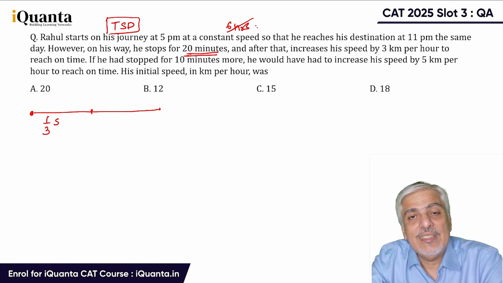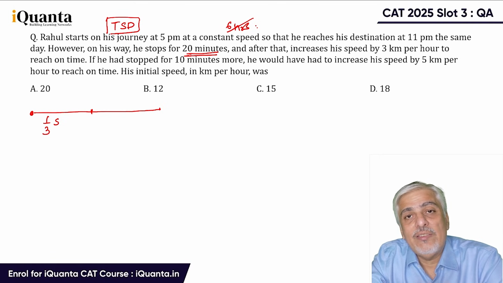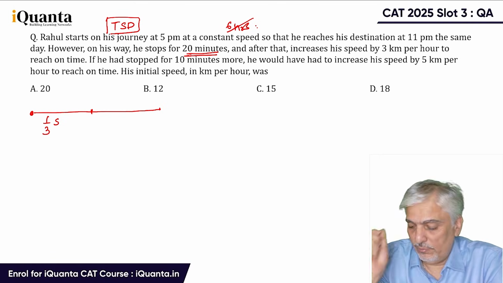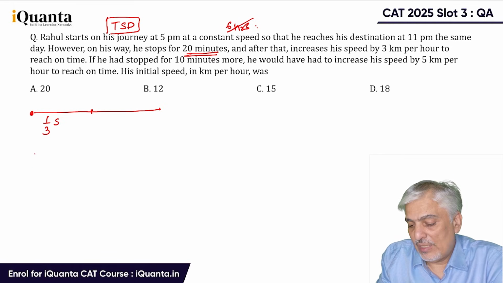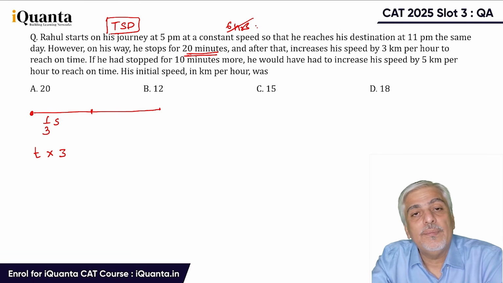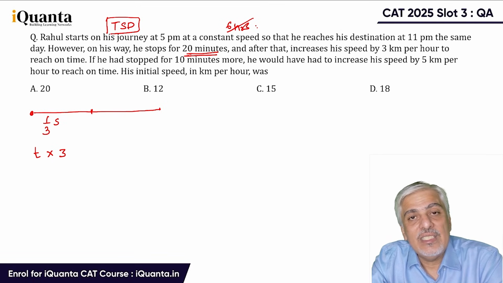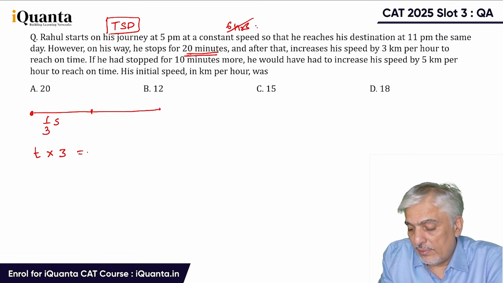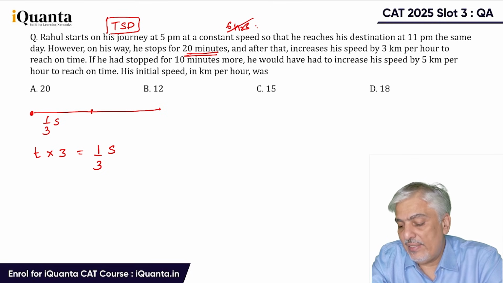Because of that, for the remaining journey, he had to cover at 3 kilometers per hour extra. Let's call that remaining time t. So t into 3 is the distance which he missed. That was 1/3 s.